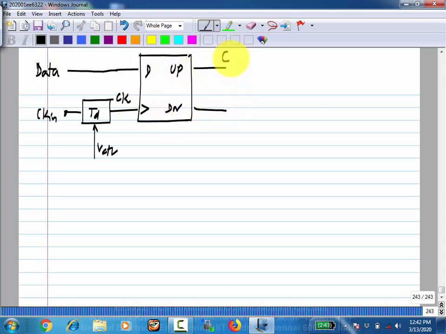What did we have here? What was the loop filter when we had the forwarded clock? Just a capacitor, right? We have this ICP and a capacitor.